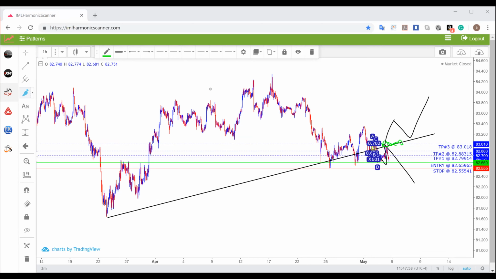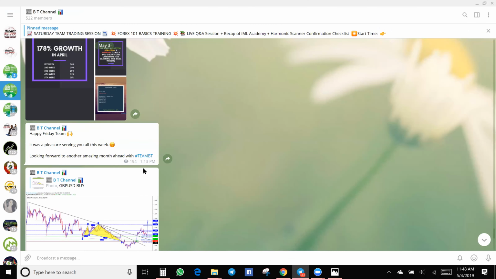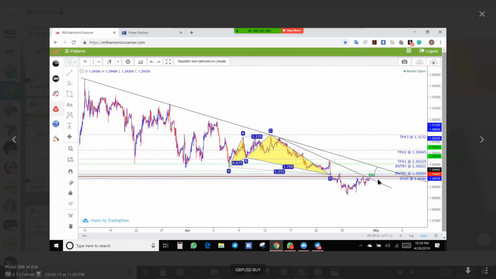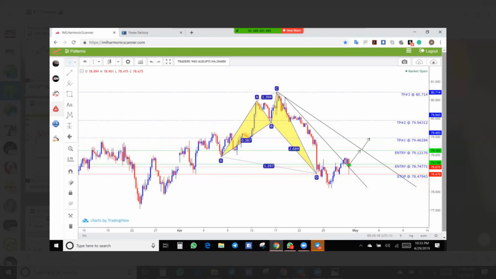So let me show you guys this. If you all look at it, when we send a trade setup, it gets to this line, and on this side, you buy. It got to this side, it bought, right? It does this, you buy.